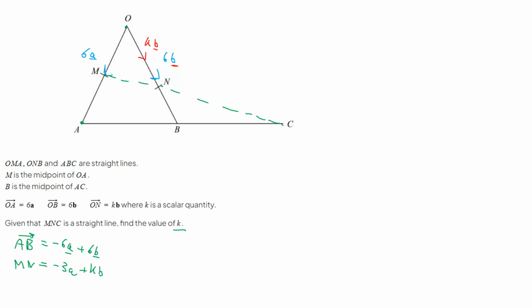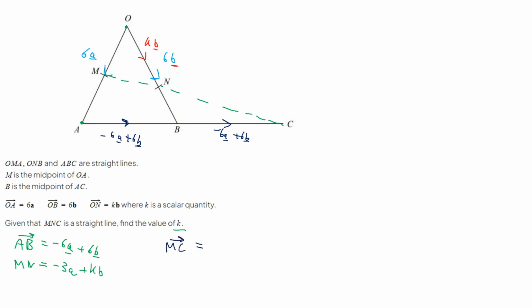Now, if this is a midpoint, right? So if this is, what did we say? Minus 6A plus 6B. B is a midpoint, so this is also minus 6A plus 6B. And now we need to work out what M to C is.